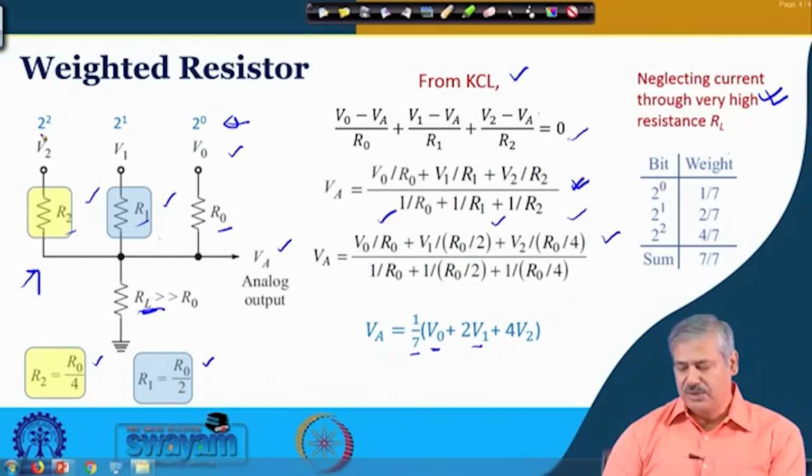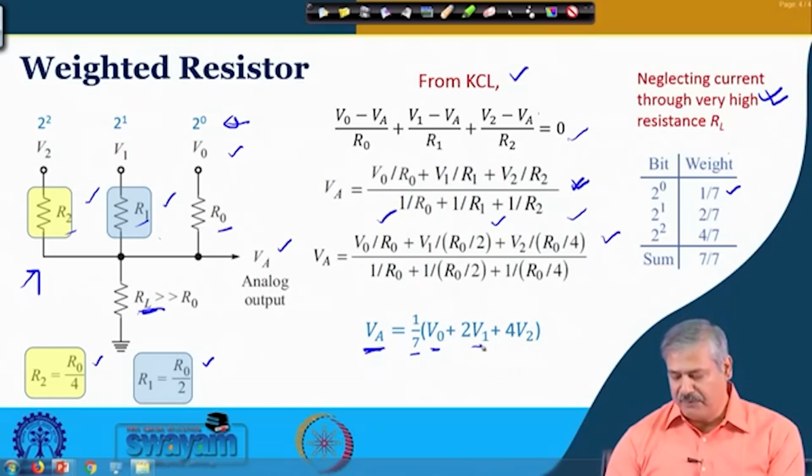So, in the final VA value that you get, the weight of V0 is 1 upon 7, the weight of V1 is 2 divided by 7, and the weight of V2 is 2 to the power 2, that is 4 by 7. And if you sum it up, you will get 7. So, these are the individual weights.